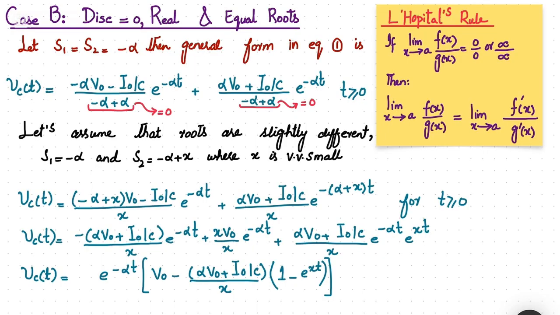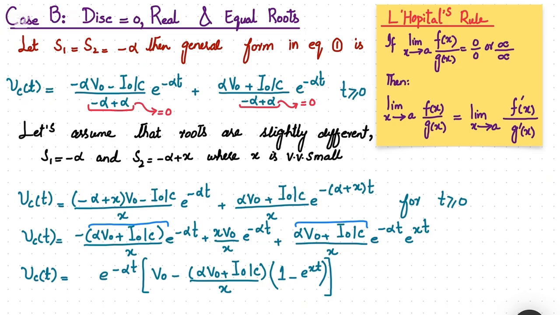Then from these three factors, we can take e raised to power minus alpha t common, because e raised to power minus alpha t is present in all three terms, over here, and over here. So taking e raised to power minus alpha t common, we can take alpha v naught plus I naught over c, over x, common from this term and this term.